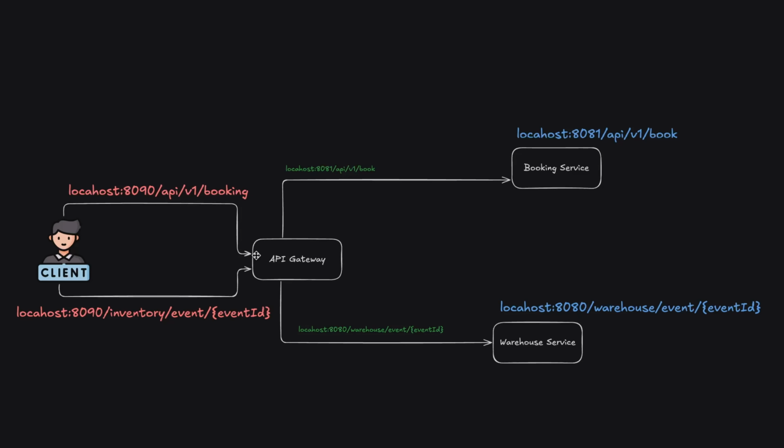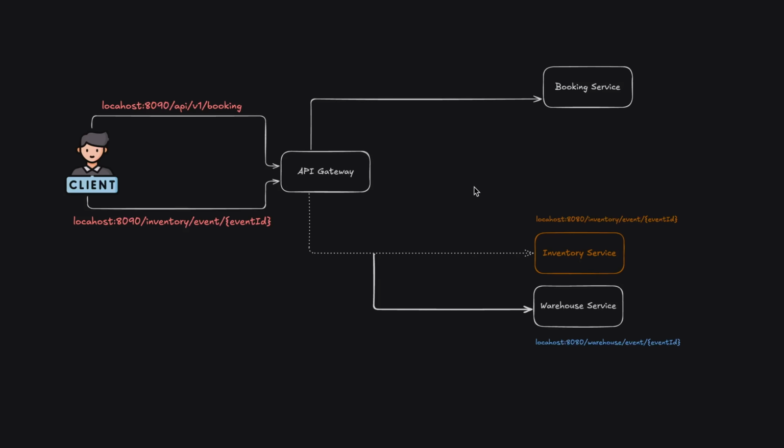And then API gateway knows where to route the request. Let's say we want to call this endpoint to get inventory. Our client will send it to the gateway. API gateway knows that in the background, we now want to call our warehouse service. When the request hits API gateway, it will be transformed and it will be sent to the actual service, in this case, the warehouse service.